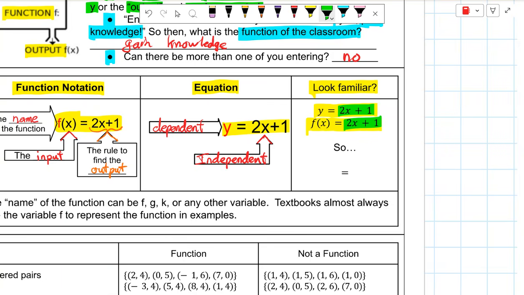So if those are identical, that means that these two equal each other. Therefore, y has to be equal to f of x. So f of x is equal to y. They are the same. Those are both outputs. Those are both dependents. They are both ranges and both y's.